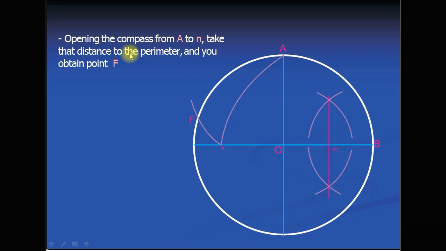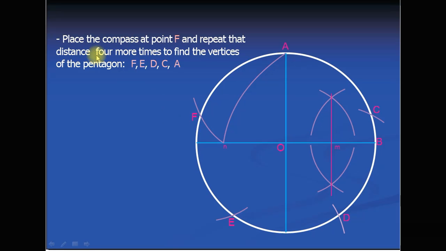Now open the compass from point A to N. Take that distance to the circumference and you obtain the point F. Place the compass at this point F and repeat that distance 4 more times to find the vertices of the pentagon.